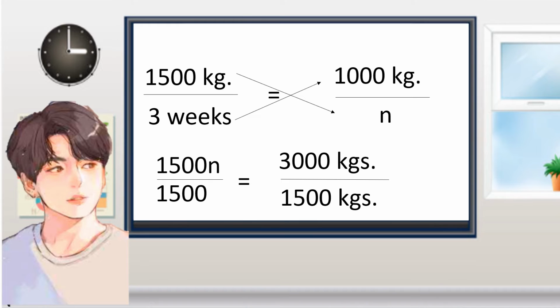Of course, we're going to divide by 1,500 kilograms to cancel it. So 1,500 n, we just cancel, and we just divide. So 3,000 kilograms divided by 1,500, cancel the kilograms, is 2 weeks. So meaning to say, 1,000 kilograms of rice is good for 2 weeks.